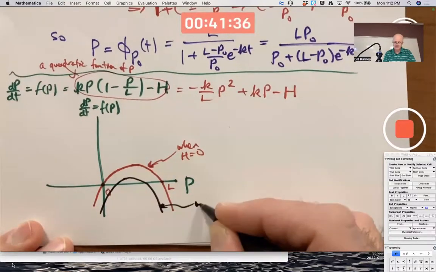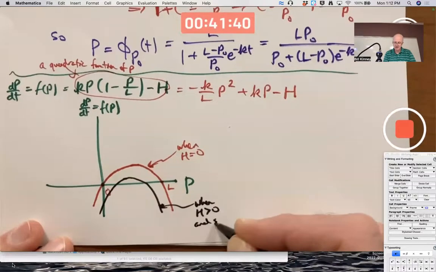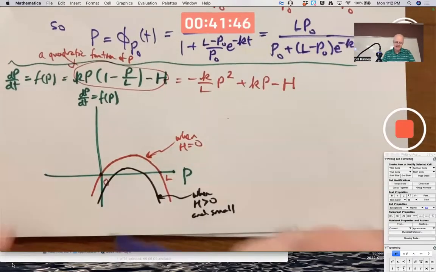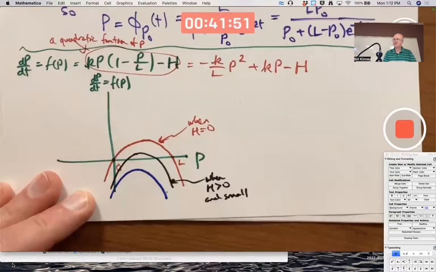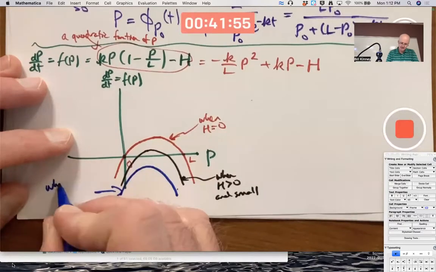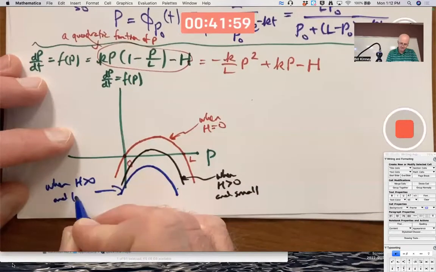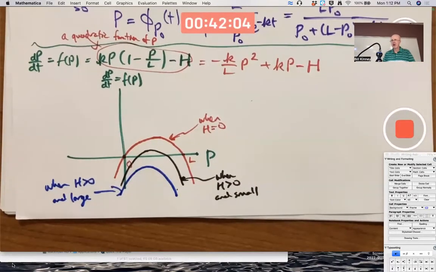When h is positive and small, and maybe look something like this when h is positive and larger. I'll just say large. How large is large? Well, large enough that the graph is always below the axis.